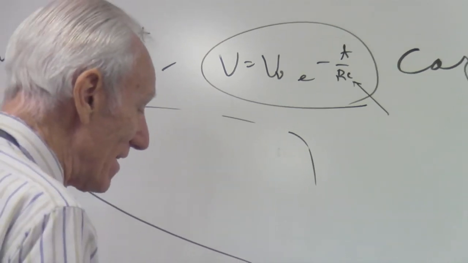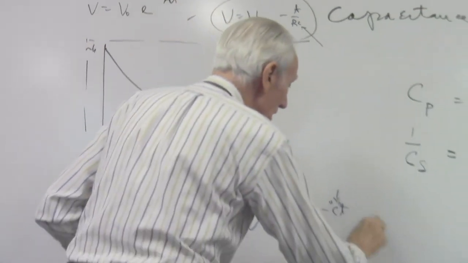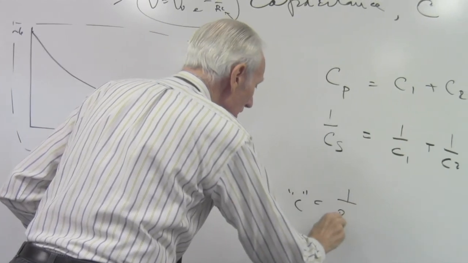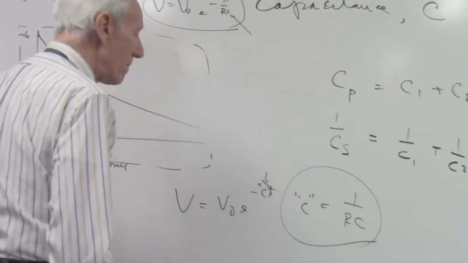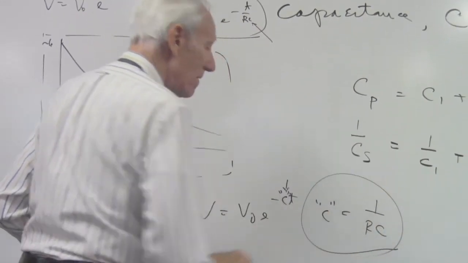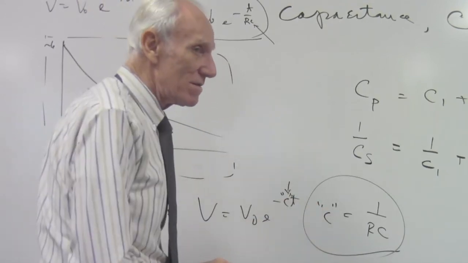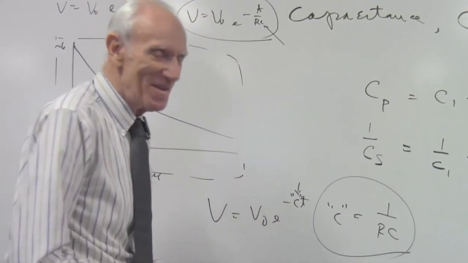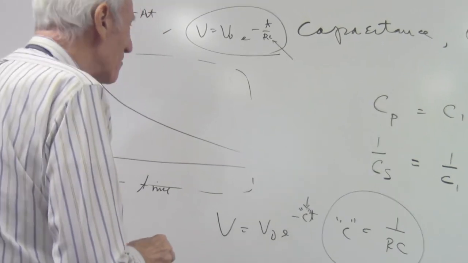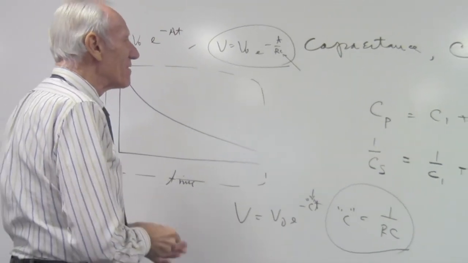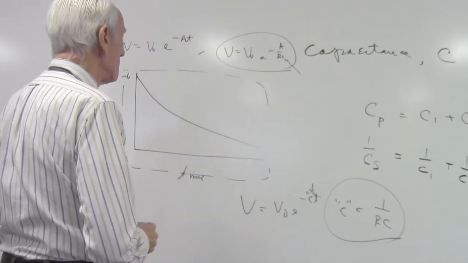And so this c here is actually 1 over R times C. That is our C. That's not our C. Okay, now that I've thoroughly confused you, sorry about that.